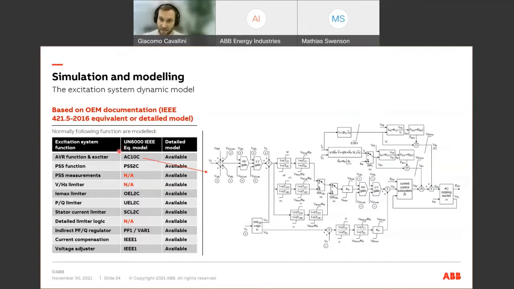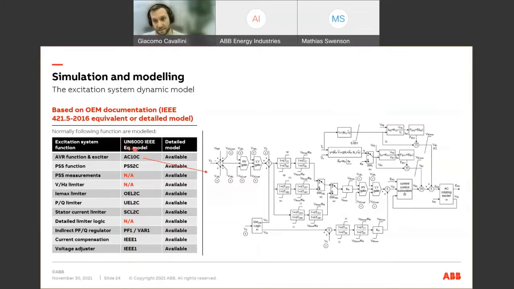For the Unitrol 6000, for example, the excitation system can be modeled with IEEE equivalents. Of course, we have a part which is the voltage regulation. We will have a part that is the PSS, and others that are over excitation, under excitation, and stator current limiter, for example, and an indirect power factor regulator, or Q regulator. This is typical.